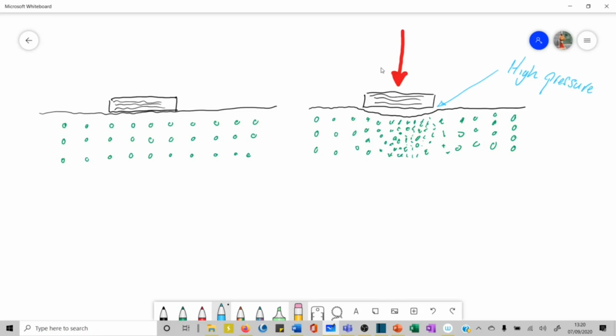That's because a lot of pressure has been created instantaneously at the point where the book hit the table, and conversely, there is low pressure. All of these molecules have moved along in the same direction as the book did. So this is what we call longitudinal. All the molecules move in a longitudinal way.